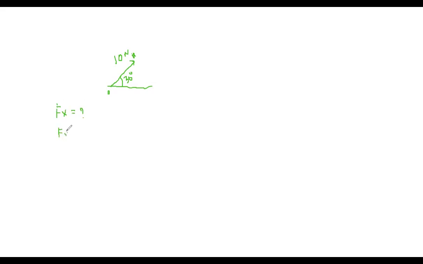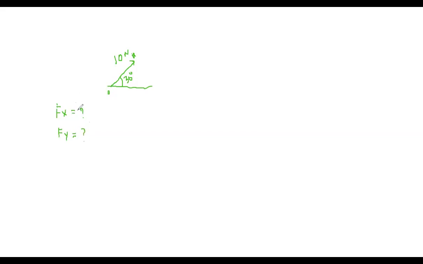I'm giving you the revision to connect it with the previous video. This topic is the resolution or breaking of a vector into components, and these components are called rectangular components.